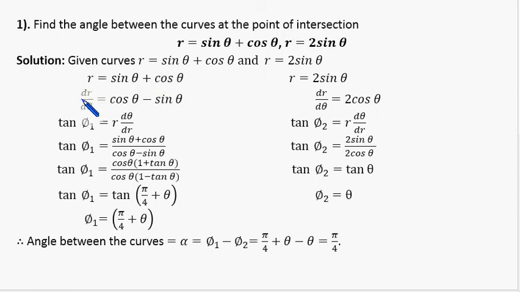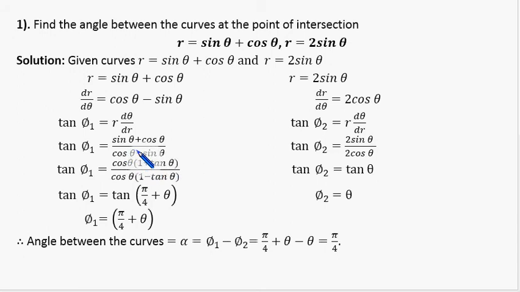Taking the reciprocal of dr by d theta, d theta by dr is 1 divided by cos theta minus sin theta. Taking cos theta as a common factor in both the numerator and denominator, the numerator becomes 1 plus sin theta by cos theta. You know sin theta by cos theta is tan theta, so the numerator is 1 plus tan theta. Taking cos theta as a common factor in the denominator, the remaining term is 1 plus tan theta.